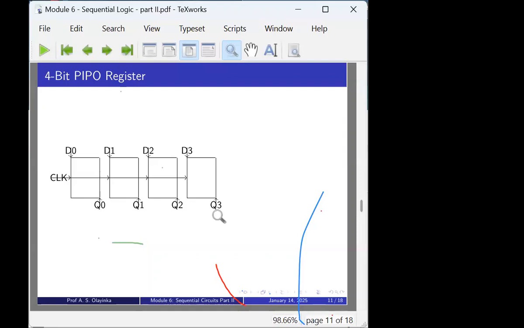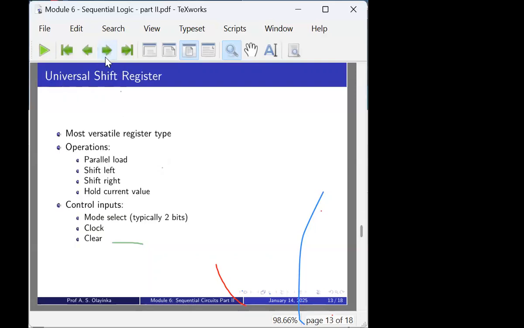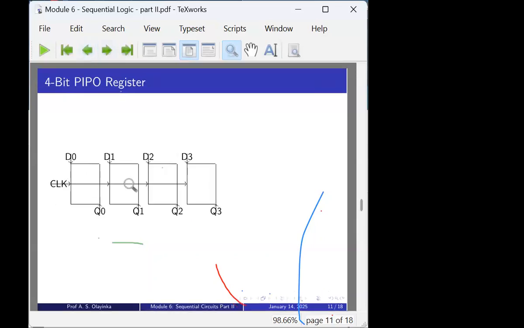Let's look at the next one, SISO. This is the serial in, and this is the serial out. The clock comes into this place, and the input comes in here. The input goes to this place, then this place, then this place, and comes out here. I don't know if that makes sense. Okay, look at this one.